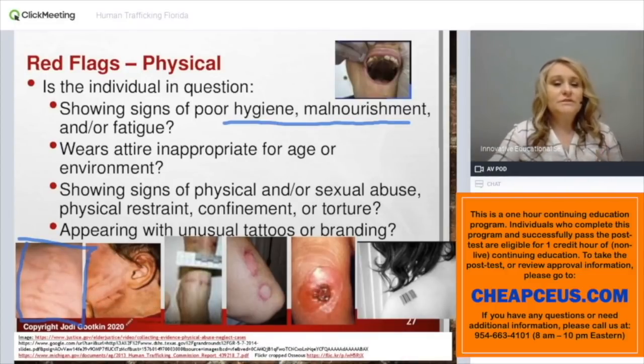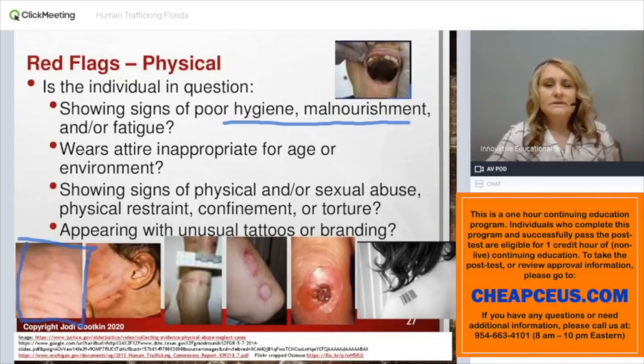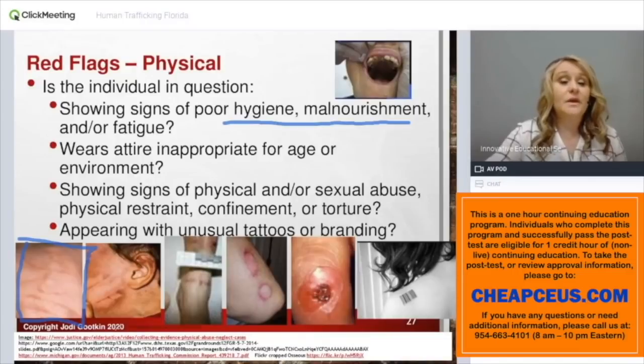When we look at injuries from specific types of restraint, I don't think it's something that many of us have encountered in healthcare, so you might not even know what to look for. So that's why I'm taking a little bit of time now to go over some of these, just so that you've seen it and heard it once. So if this individual does present to you, you'll be better able to identify it.